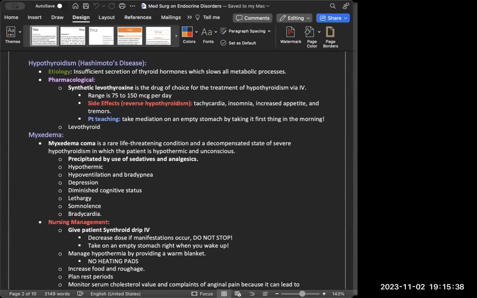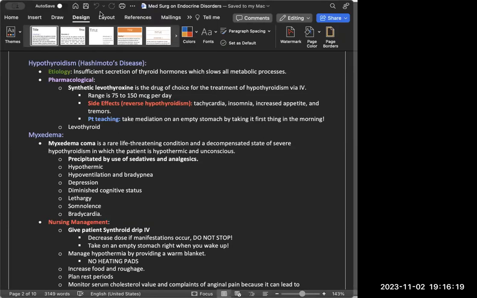Now, can anyone tell me the medication that we give to someone who has hypothyroidism? Okay, so that medication is called synthetic levothyroxine, which is basically a hormone that you give to a patient who has hypothyroidism, which is also called Hashimoto's disease, and it actually causes hyperthyroidism effects.